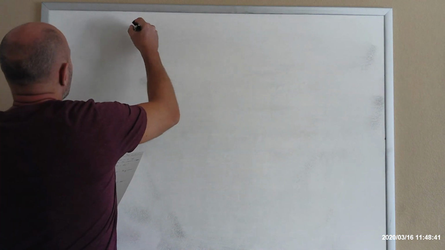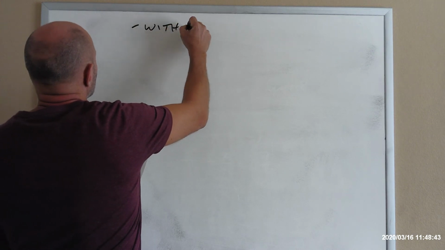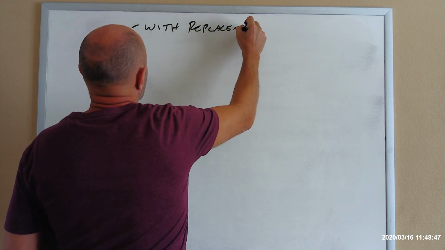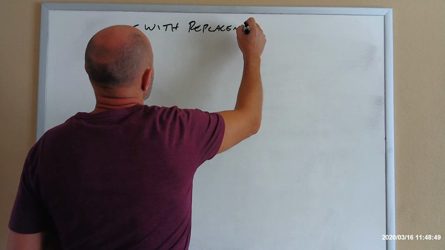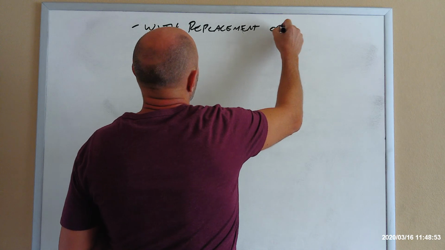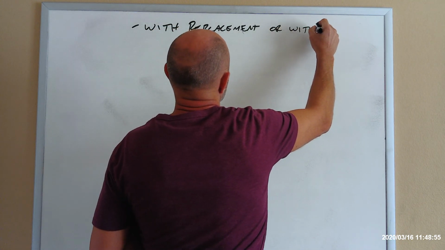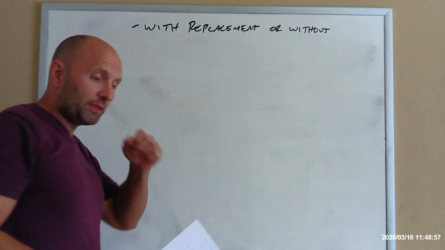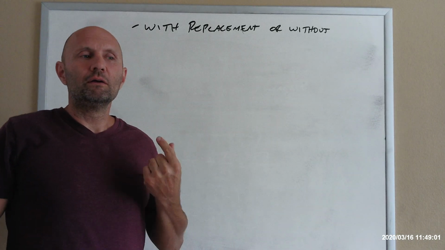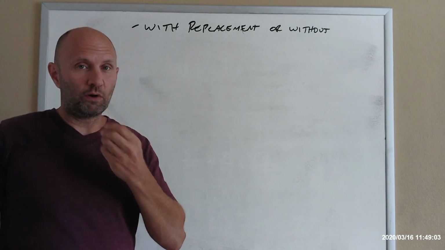And this is known as with replacement or without. And so when you're doing the praxis exam, when you're doing your midterms, when you're doing the homework, pay close attention to what the problem is asking.